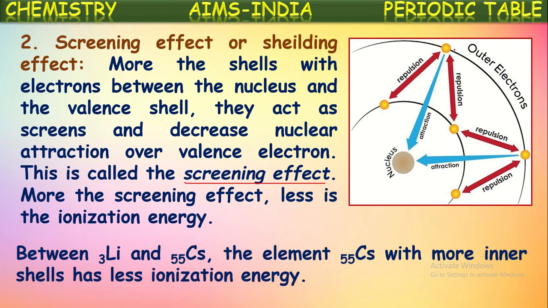Okay. For example, between lithium and cesium, the element is cesium with more inner shells, and hence it will be having more screening effect, hence less ionization energy. If you observe lithium and cesium, both are in the same group, isn't it?